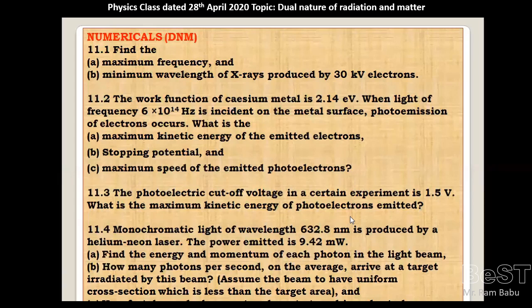Okay, I'll read the question once again. If you already have the question, okay, otherwise note down the question. The work function of a cesium metal is 2.14 electron volt.